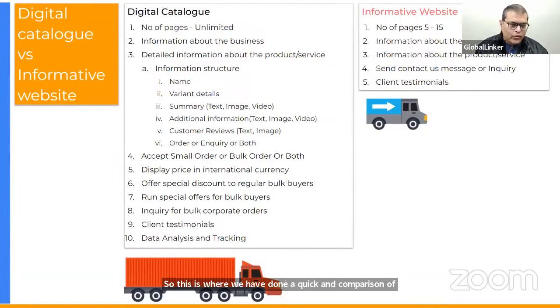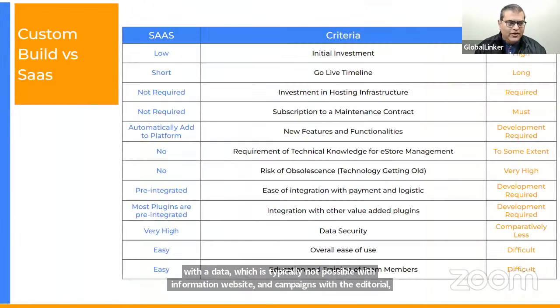So it has more number of products. The information can be displayed in a better way. The SEO, search engine optimization, can be done in a better way. You can run more focused promotional campaigns. Even B2B businesses can run more focused promotional campaigns with a digital catalog, which is typically not possible with an information website. We'll not be spending our time and energy here.